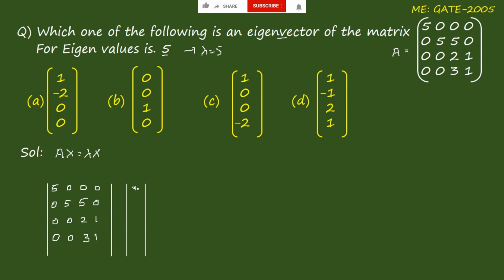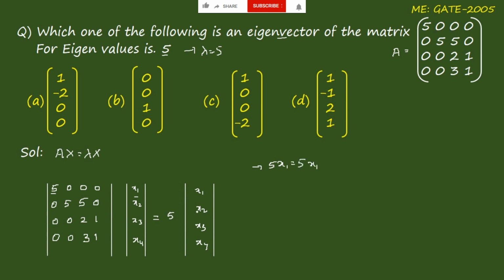So it becomes x1, x2, x3 and x4, which is equal to 5 times x, right? So again draw a straight line here, a straight line here. So it becomes x1, x2, x3 and x4. So we can equate these two, right? So we can say that 5 times x1 is equal to 5 times x1.